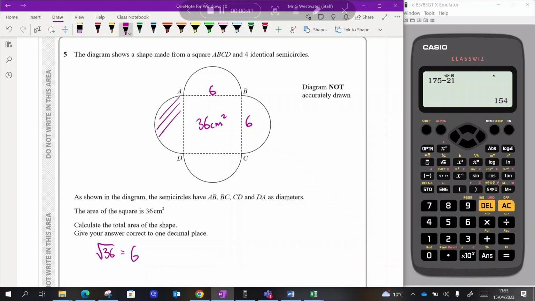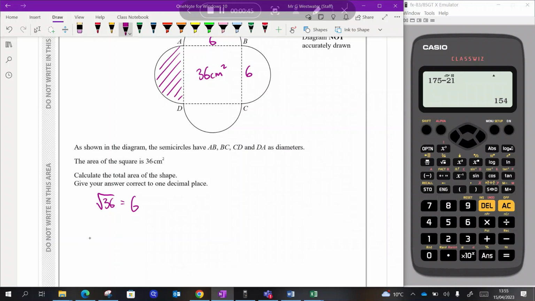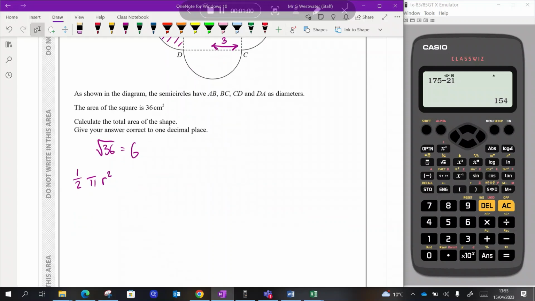Now for each of these semicircles, the area of a whole circle is pi times r squared. So each of these is going to be a half times pi r squared. And if the diameter is 6, our radius is going to be 3. So a half of pi r squared is going to be a half of pi times 3 squared, or 9 over 2 pi.